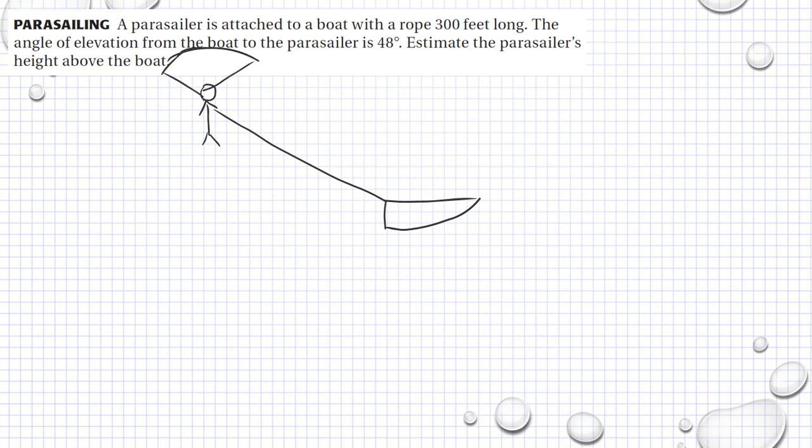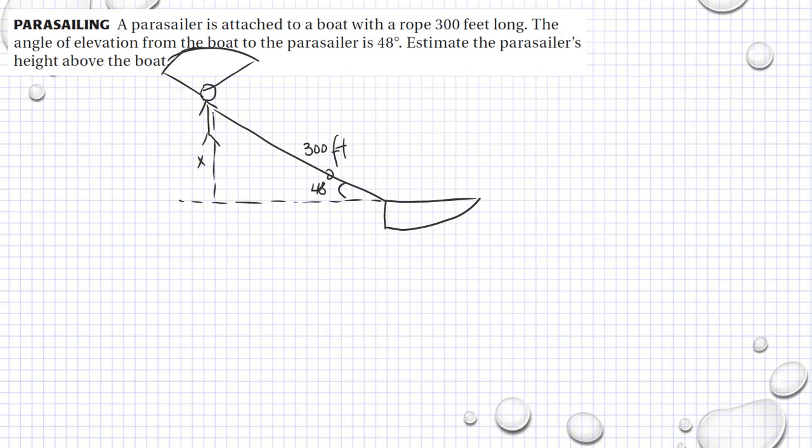That's a very simple drawing. And what it says, this is 300 feet, and then the angle of elevation is 48 degrees. Estimate the parasailer's height. This is what we're going to estimate, the x here.